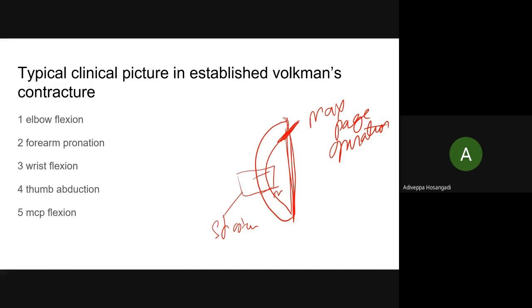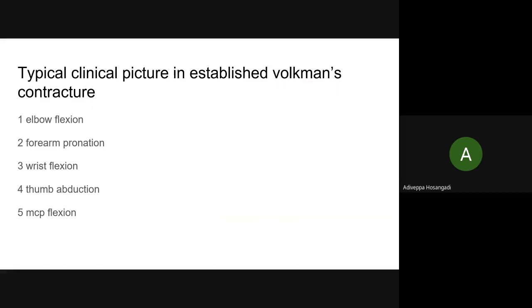Either you do forearm bone shortening or lengthen the muscles by releasing the common flexor origin. Please remember this. I'm talking of Volkmann's ischemic contracture. It is a complication, and this is how we manage the complication. Max Page operation is an operation for Volkmann's ischemic contracture.